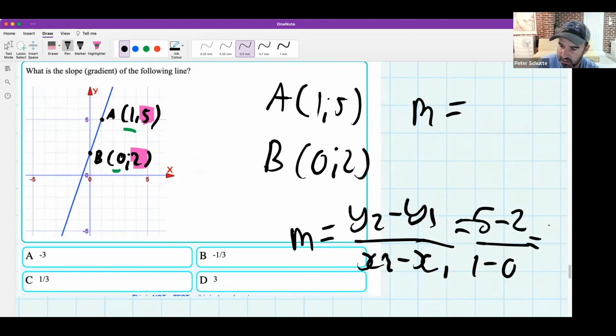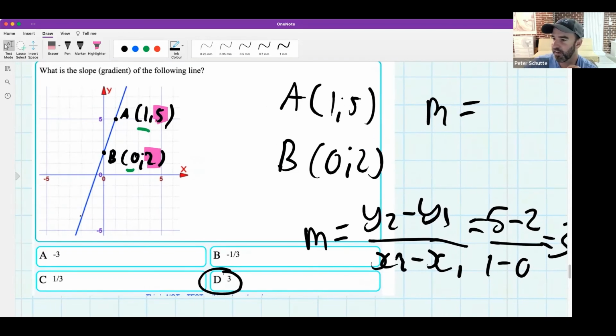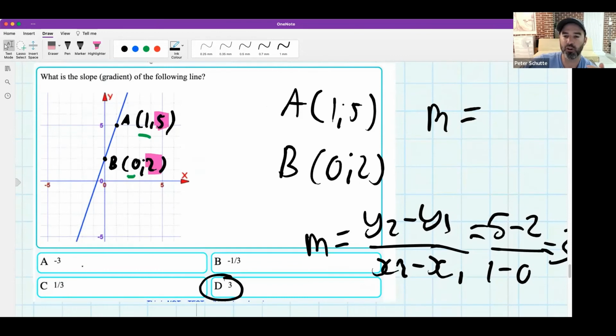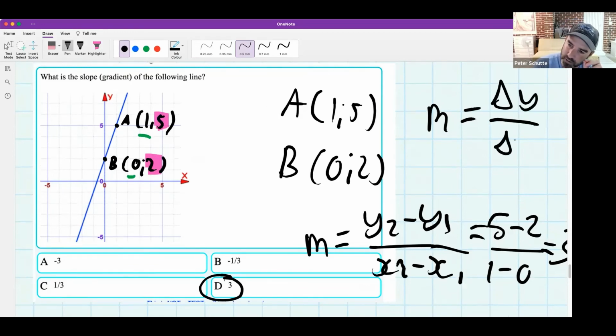Okay, so we get 3 is the answer, and that would be D. Watch out. I see some students have chosen C, which is exactly that mistake, where you flip it. It's really important. If I make one thing clear today, it's the change in Y over the change in X. So you should be subtracting Y coordinates on top and X coordinates on the bottom.